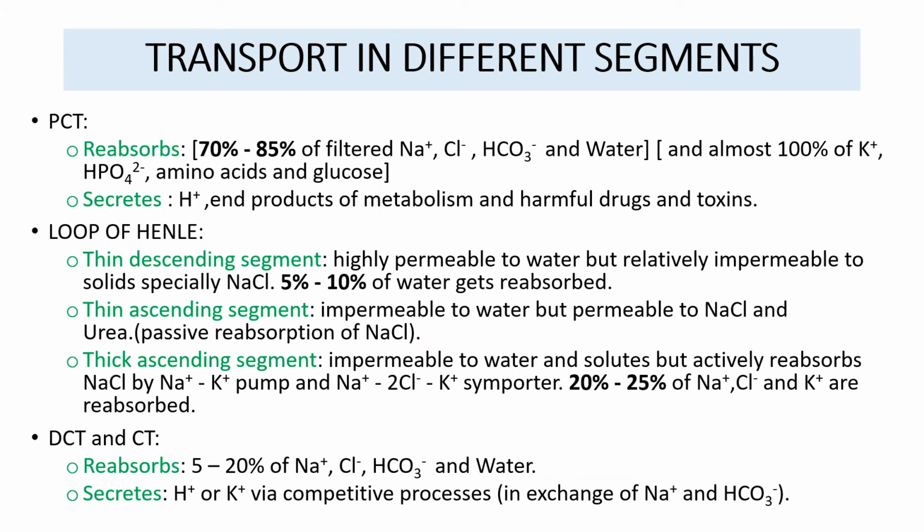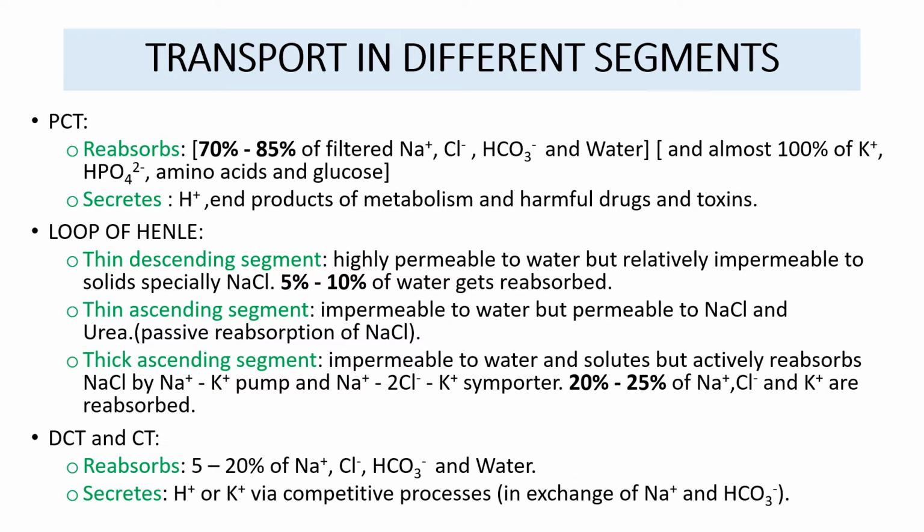Now, coming to transport in different segments. So, what are the segments? The segments are PCT, loop of Henle, and DCT and collecting duct. What is PCT? PCT is proximal convoluted tubules. These have the major brunt of absorption of solute, or maximum absorption is done in this portion.